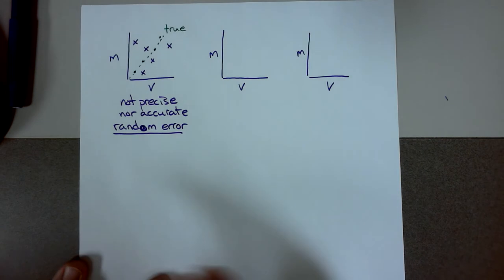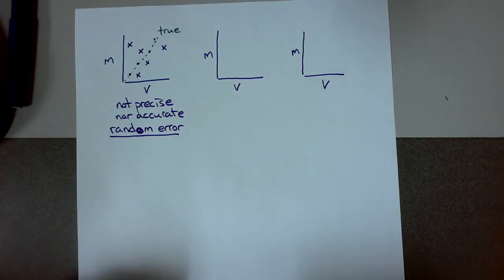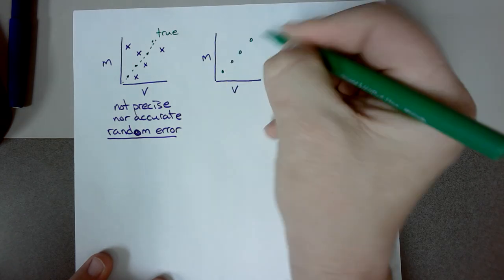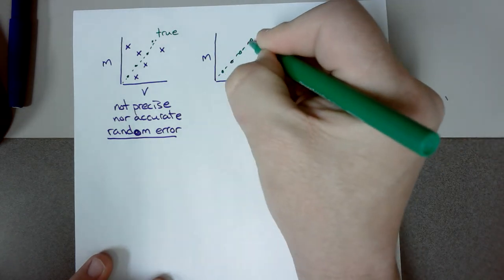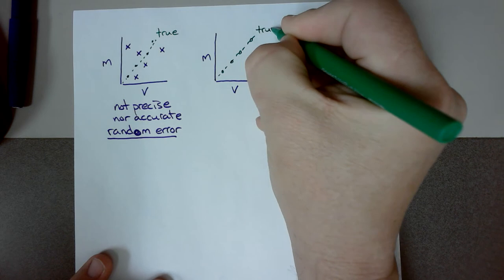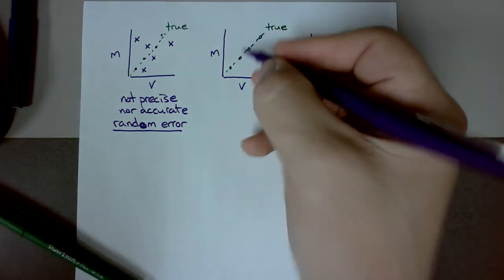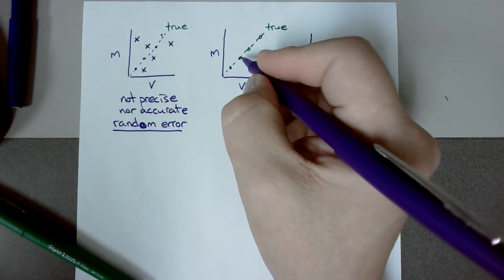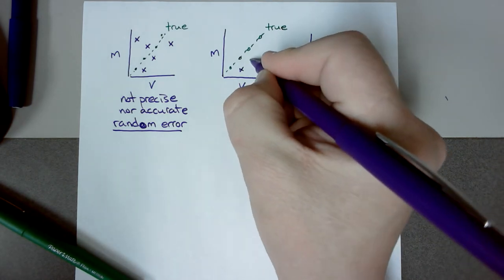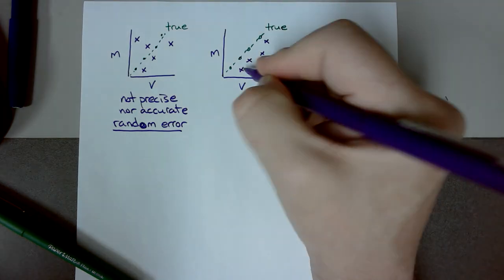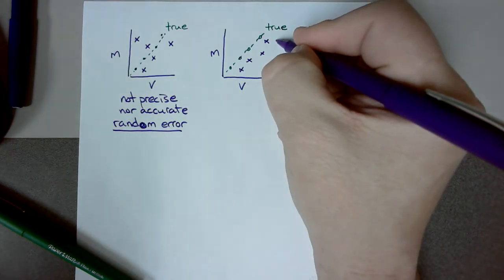Now let's say again we have our true value along this line here. That's true. But now I get the 5 students to make measurements, and they measure here, there, here, there. I need one more. Let's put it here.